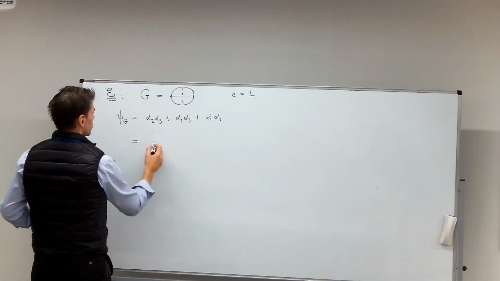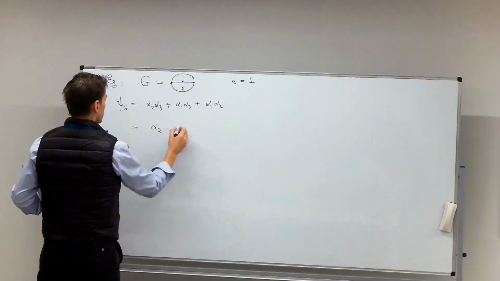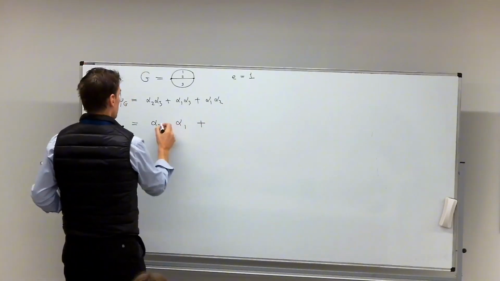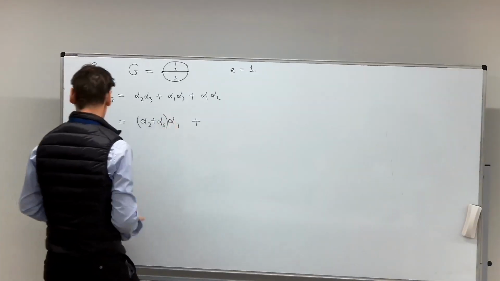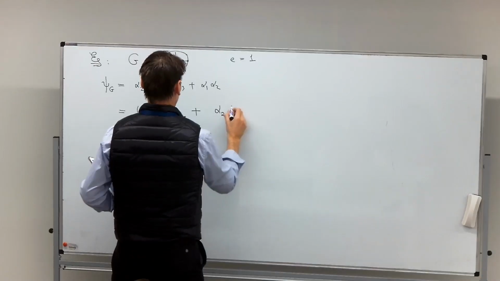But this is also equal to, if I pick edge 1, alpha 1 times, sorry, alpha 2 plus alpha 3, plus alpha 2, alpha 3.